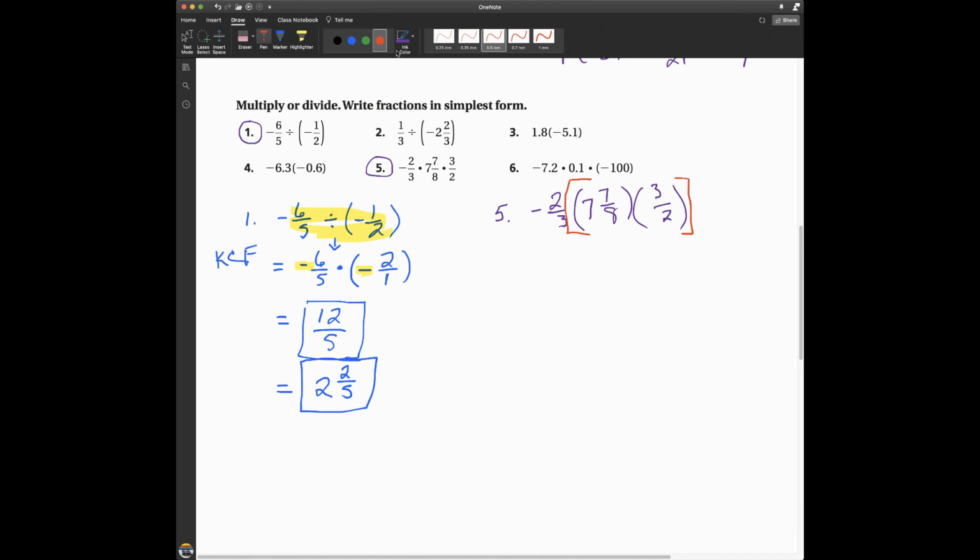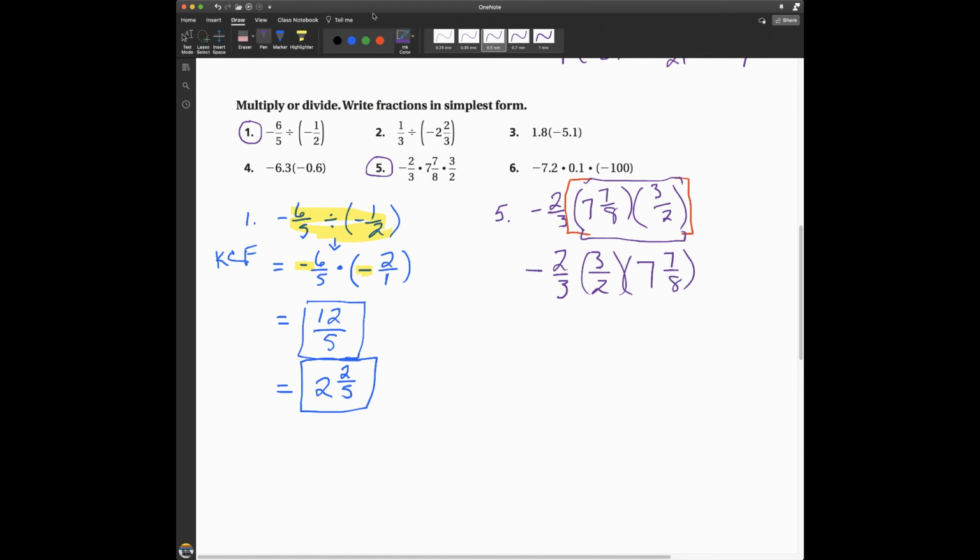Because I remember the commutative property of multiplication, I'm going to rewrite this multiplication problem with these two numbers in it. The commutative property says the order doesn't matter, so I can write 3/2 times 7 and 7/8.